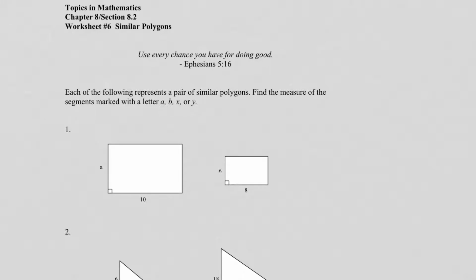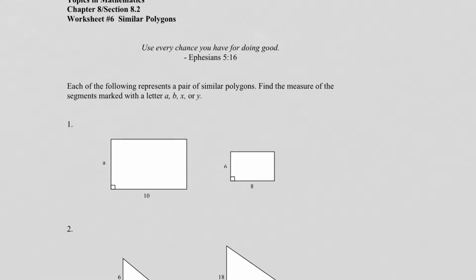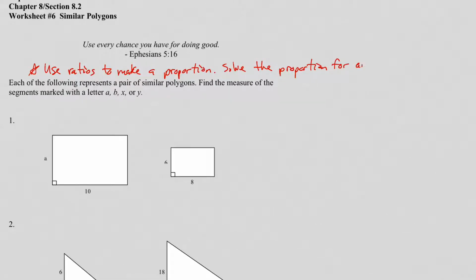Okay, so the strategy here is to use ratios to make a proportion and then solve the proportion for any missing side.